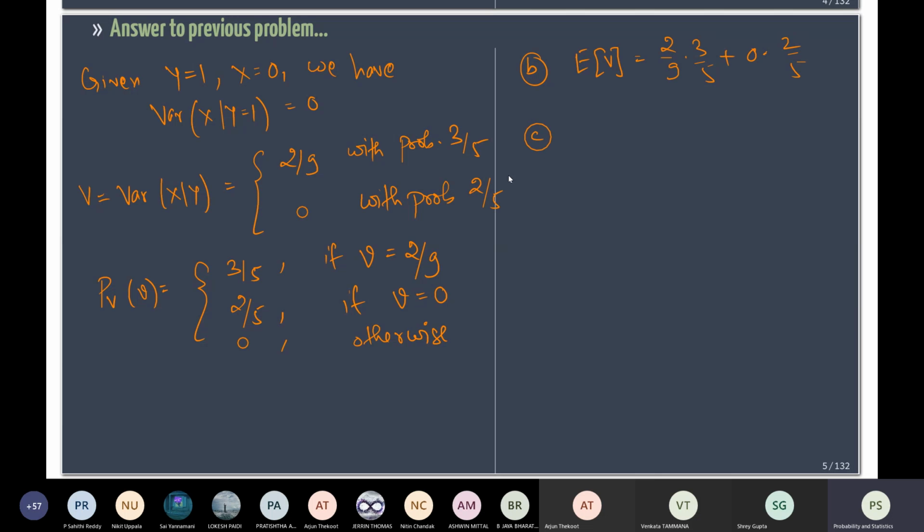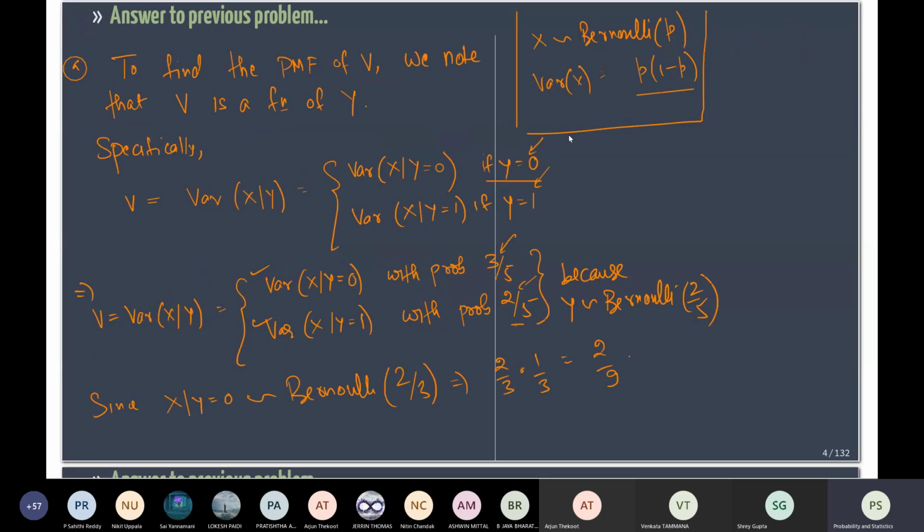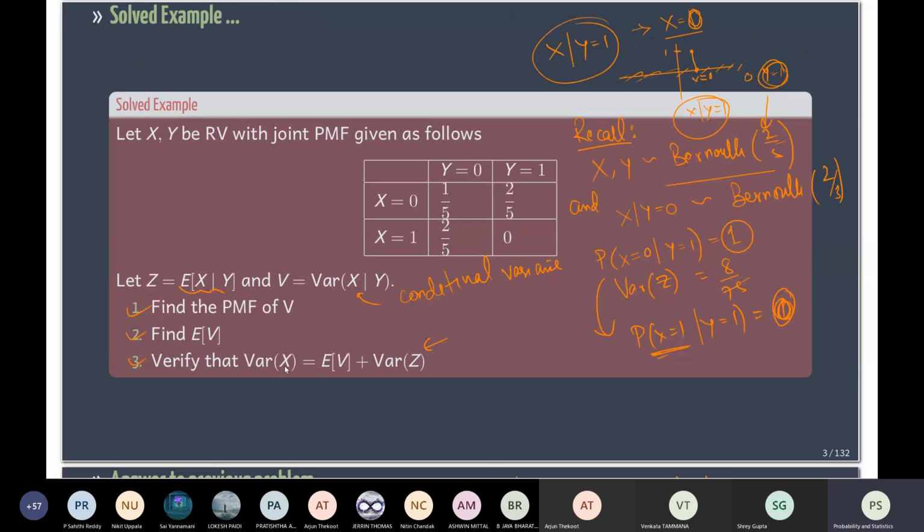Okay, now part C was the variance of X. So we have to verify that the variance of X is equal to the expectation of V plus the variance of Z. The expectation of V we found. Okay, and the variance of X also we can find, and the variance of Z we found before.